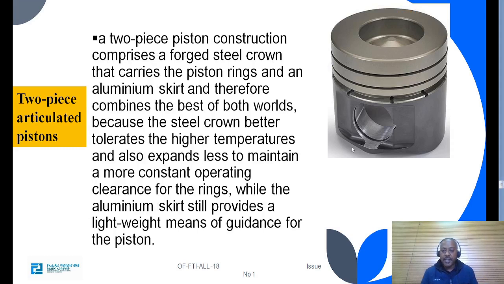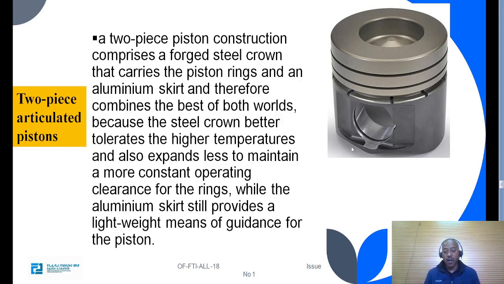Two-piece articulated pistons. A two-piece piston construction comprises a forged steel crown that carries the piston ring and an aluminum skirt, and therefore combines the best of both worlds.